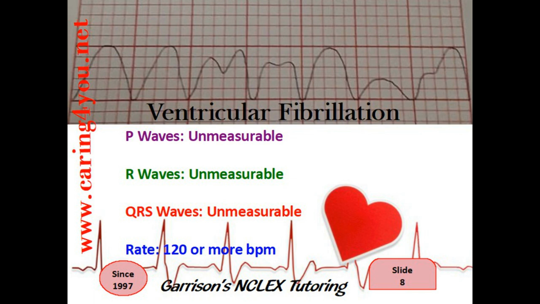You can't see anything. It just looks like a squiggly line, just like you see here. Everything is unmeasurable, but the rate is 120 or more beats per minute. And that's ventricular fibrillation. So far we learned atrial fibrillation, atrial flutter, ventricular tachycardia, and ventricular fibrillation.